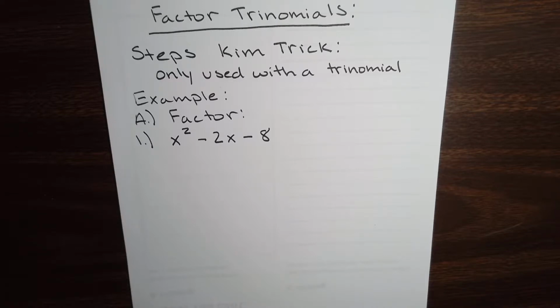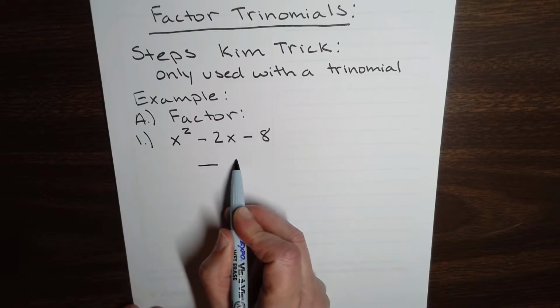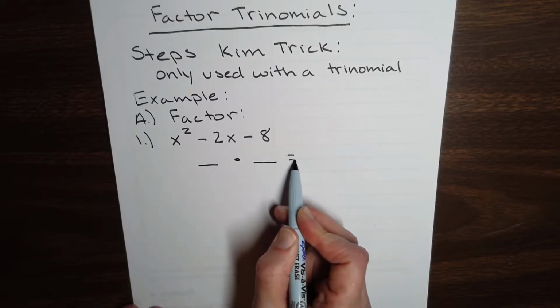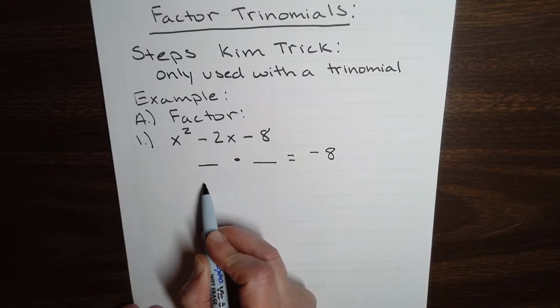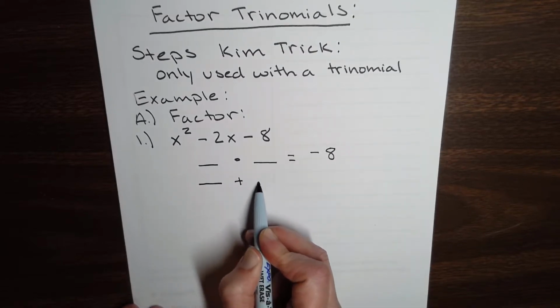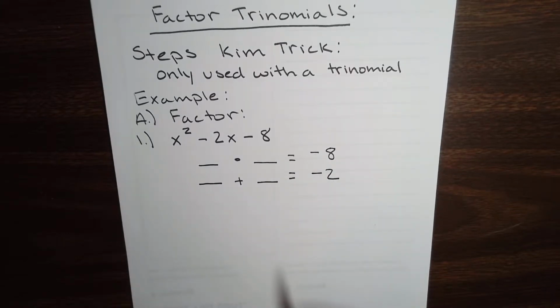So it doesn't really matter that you actually need to do that step in the trick. Once you've done that, the next step in the Kim trick is you're going to try to figure out some number times some number that gives you your last term, and then the same two numbers, when you add together, give you your middle term.